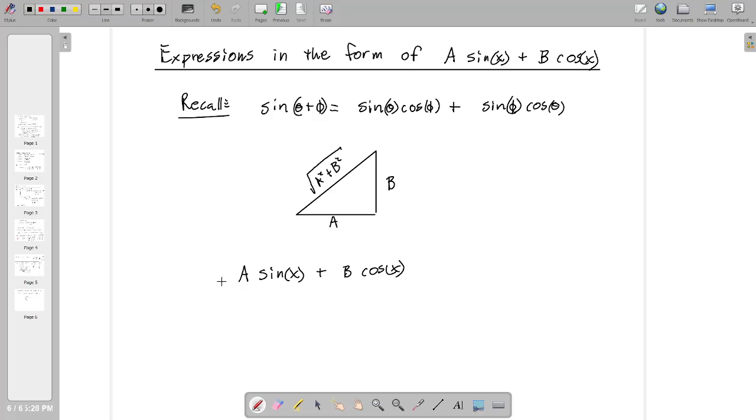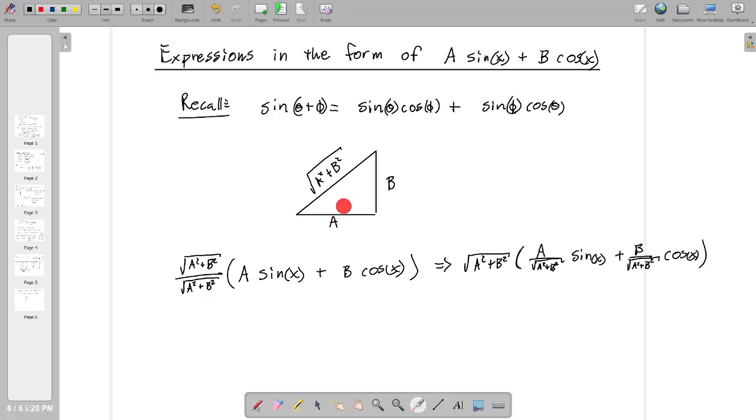If we multiply and divide this entire thing by the square root of a squared plus b squared, and distribute the denominator into this, we would end up getting the square root of a squared plus b squared times a divided by the square root of a squared plus b squared times sine of x plus b divided by the square root of a squared plus b squared cosine of x.